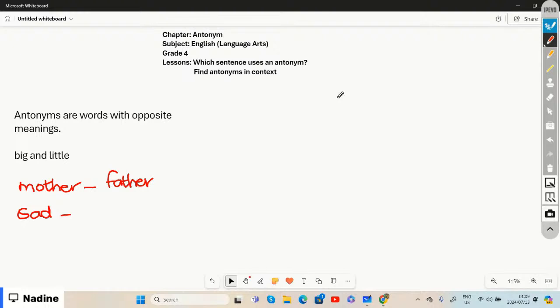And yes, so father. And then the opposite of sad. If you're not sad anymore, then how are you feeling? So it is happy. Because if you're not sad anymore and then you're happy, or the opposite of happy is sad, right? If I am laughing now, but now someone hurts my feelings, and then what am I going to do?